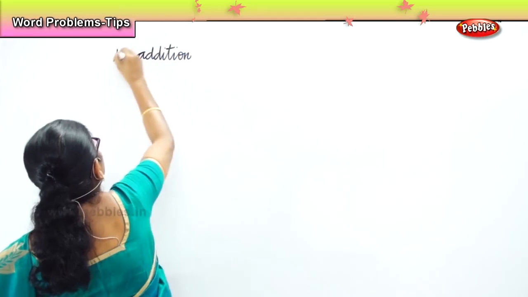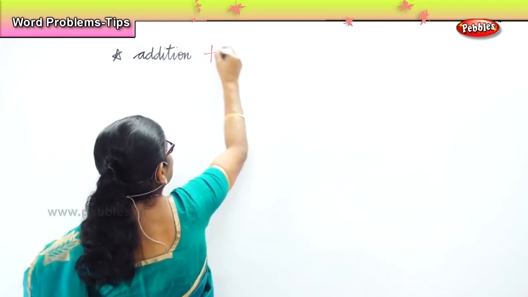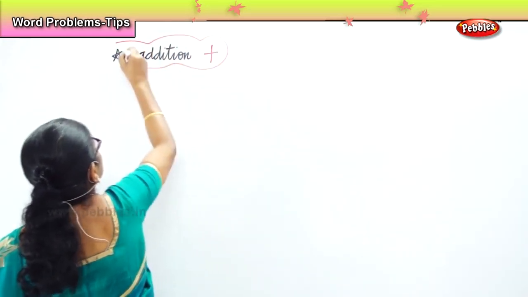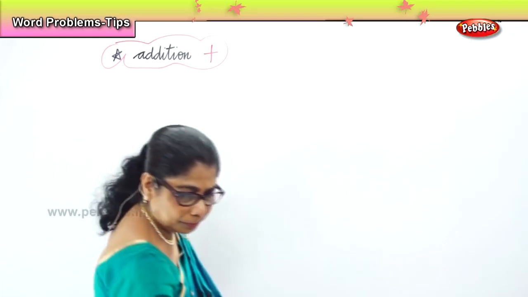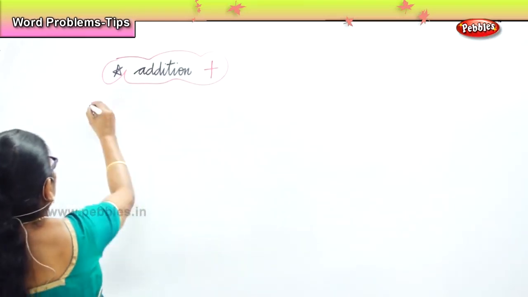We are doing further understanding of addition. When I say addition, the sign for the addition is this. But I am going to write down a tiny problem for you. What is it?